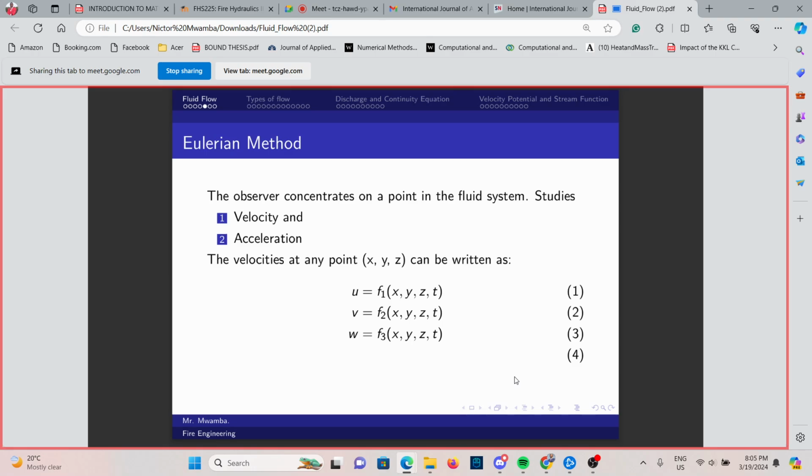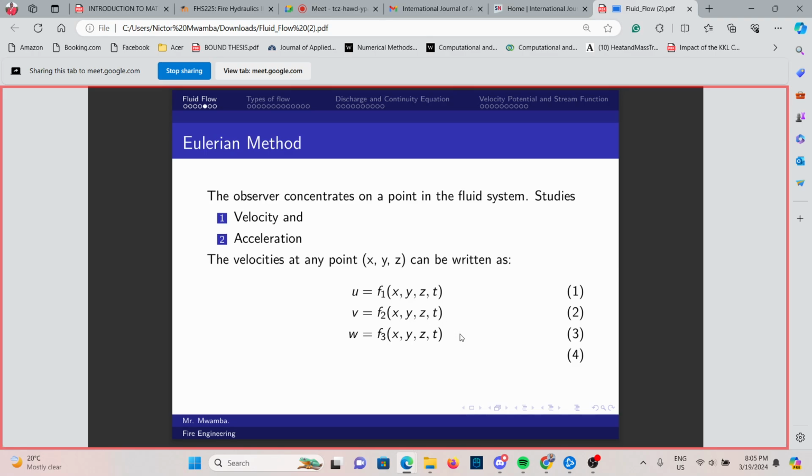The components of velocity for a fluid being observed using the eye of Euler are dependent on space as well as on time.